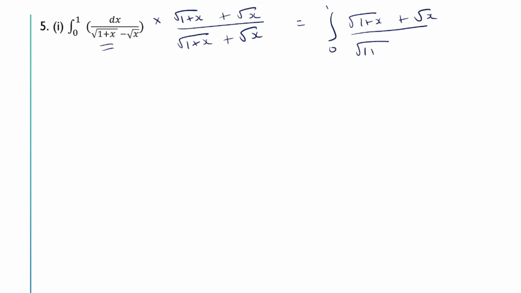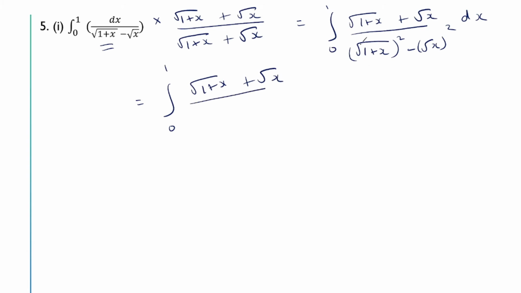So this will be root of 1 plus x the whole square minus root x the whole square into dx. So this is equal to integral 0 to 1 root of 1 plus x plus root x divided by, the root and square will go, so we will have 1 plus x minus x. So it is 1 into dx.